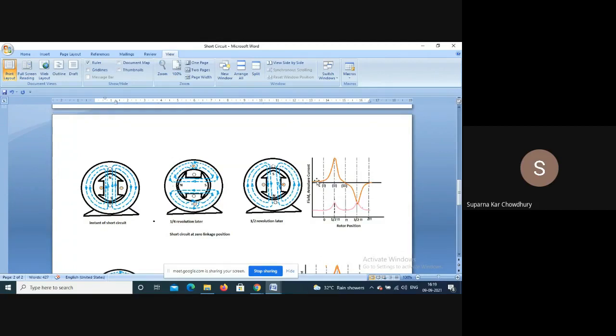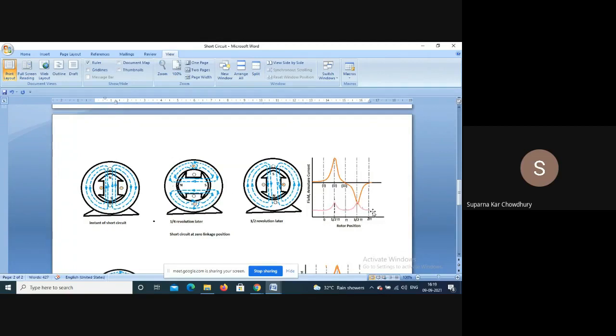The armature current for the earlier position will become maximum, and again in this position it will die down. As it goes further, it will be maximum in this direction and die down. This way the armature current will flow. I have not considered initial armature current flowing; there was no initial armature current.